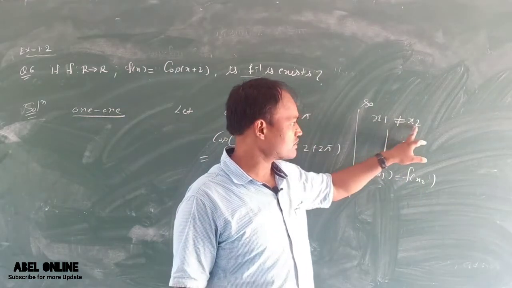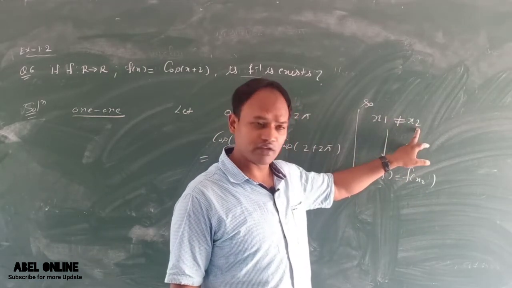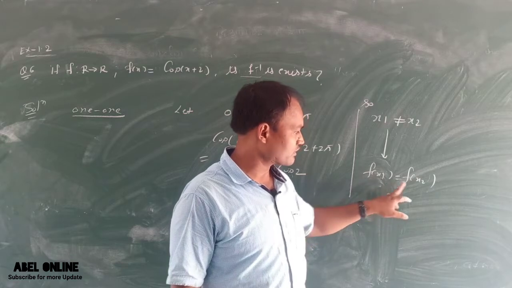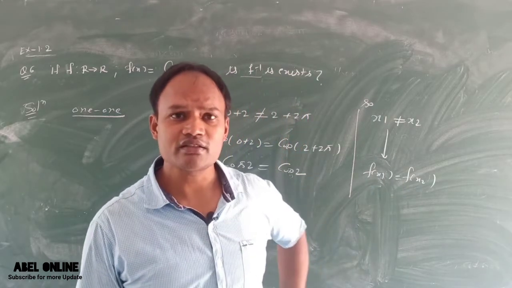But x1 is not equal to x2, and we got f of x1 equal f of x2, so we can say that it is not one-one.